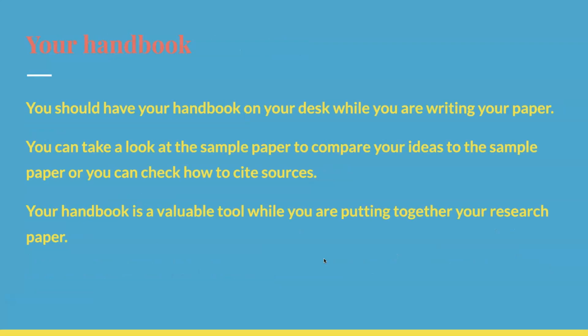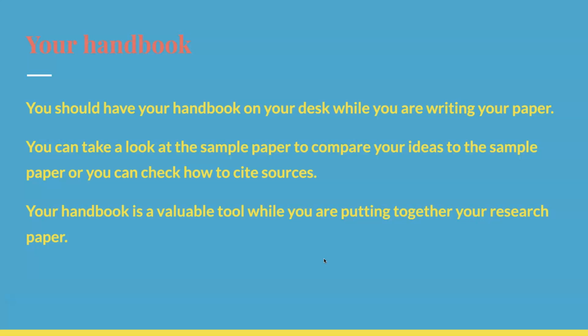So your handbook, that's Rules for Writers. You should have your handbook on your desk while you're writing your paper. You can take a look at the sample paper to compare your ideas to the sample paper, and you can check how to cite sources. Your handbook is a very valuable tool while you're putting together your research paper. Please note that I am going to be checking for MLA format, and that's why I have assigned Rules for Writers for you for this semester.